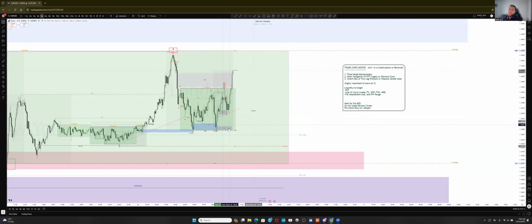So if the EU or GU has done over 40 pips, then why would I want to try and take a trade when the market has already maximized the daily or session pip range? I'm just going to let it go. But if it's only been like 5, 10 pips and it mitigated early in your session, then you can count that you can catch a 26 pip, 20 pip move with this price action.